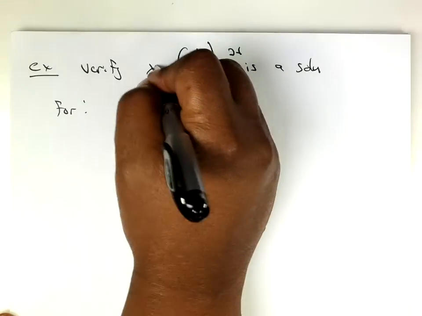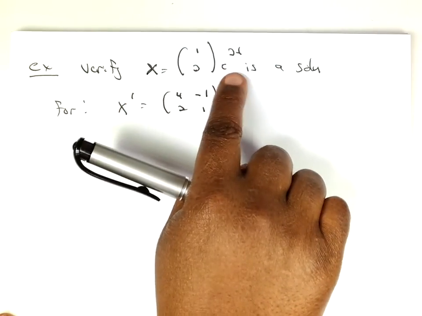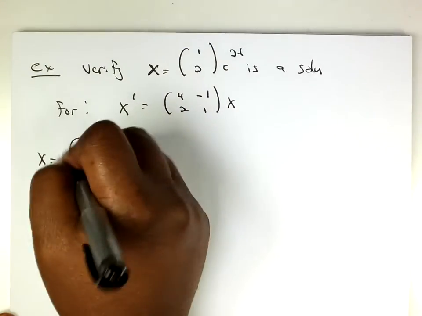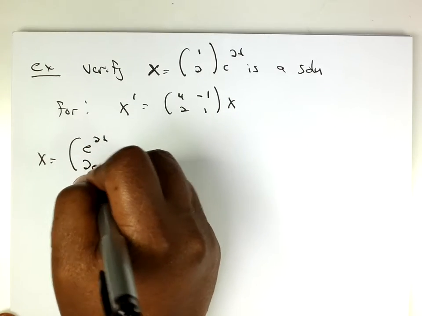So first thing I want to do is rewrite x. This notation is used a lot, but really I need to distribute that through. So my x is equal to e to the 2t, 2e to the 2t.